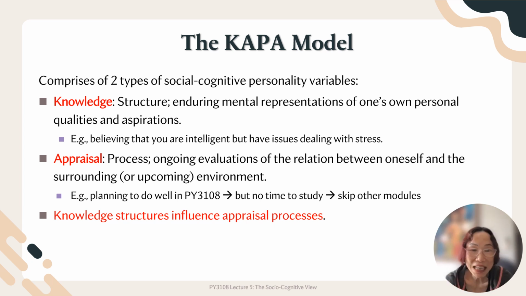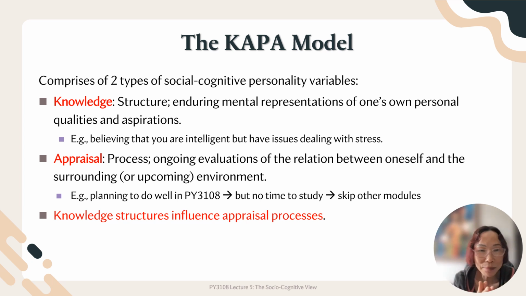For example, believing that you are intelligent but have issues dealing with stress. So these are the qualities as well as the aspirations of the person. You believe that you are smart, you are intelligent, and you can solve lots of problems, but still have issues dealing with stressful situations.